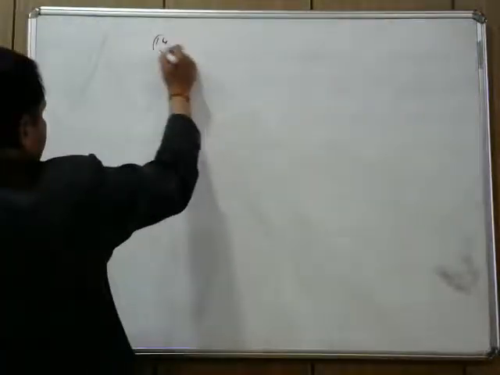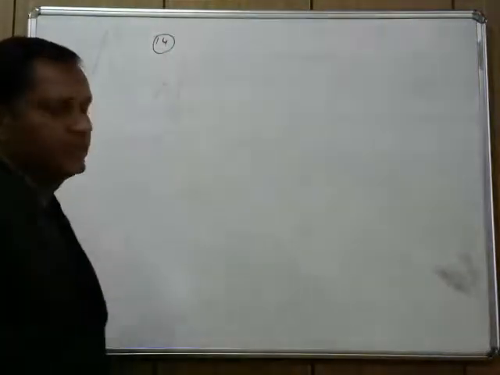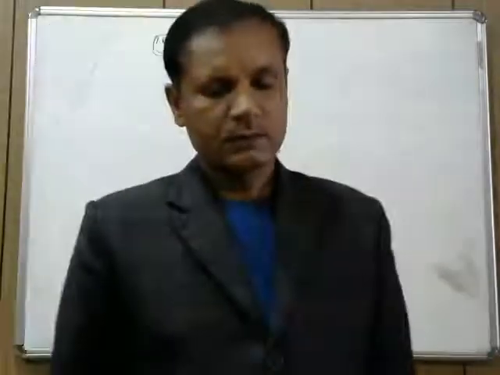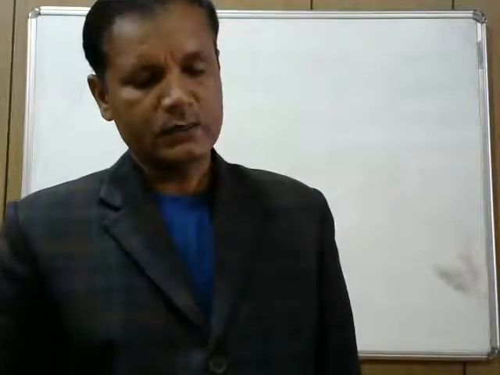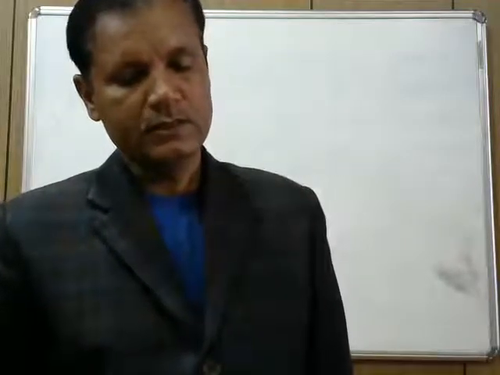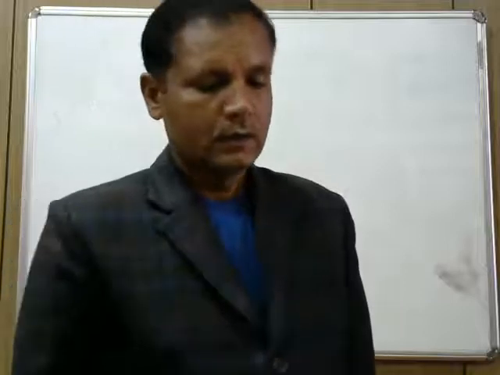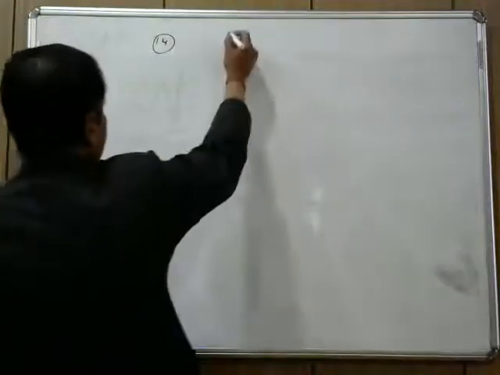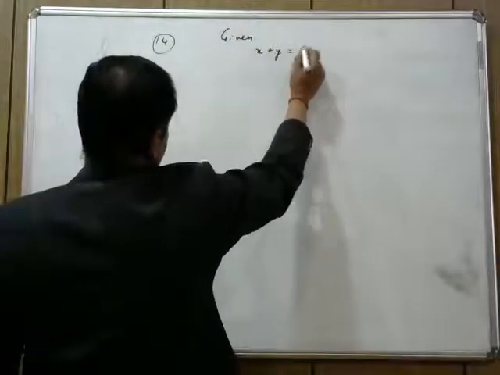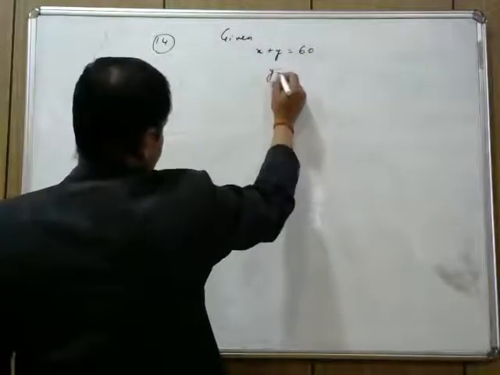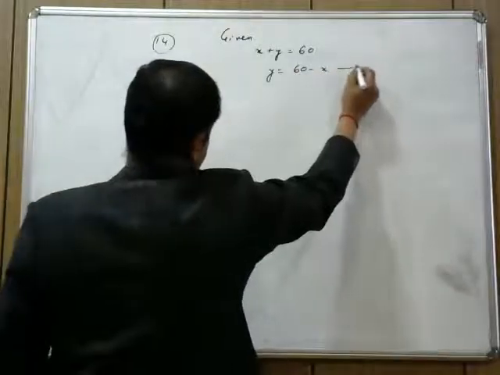Suppose I am doing question number 14. It is given: find two positive numbers x and y such that x plus y is equal to 60 and xy is maximum. Here we have x plus y is equal to 60, which gives y is equal to 60 minus x.